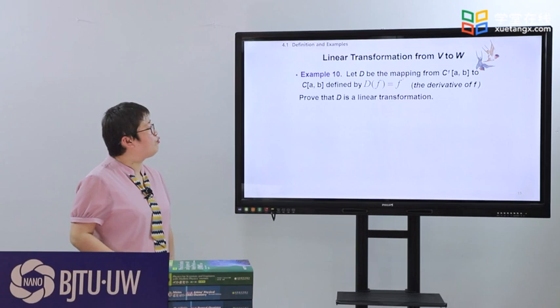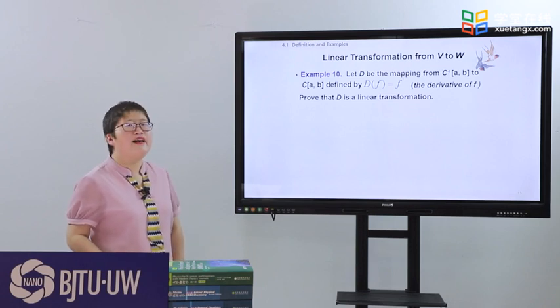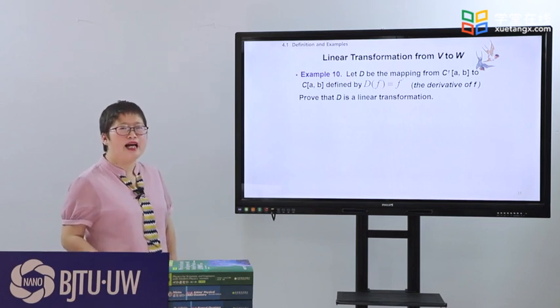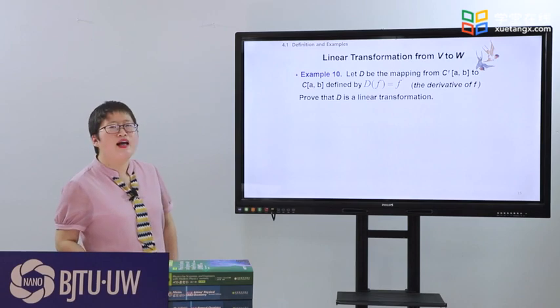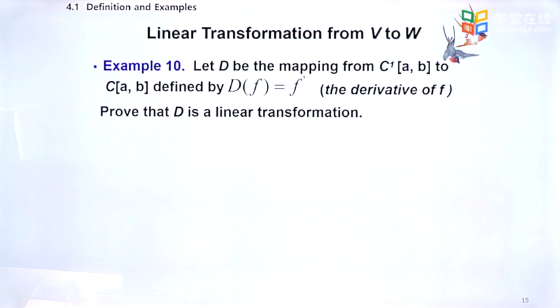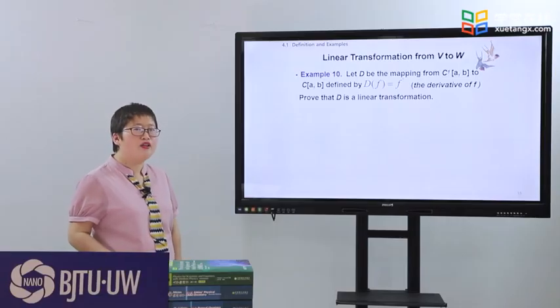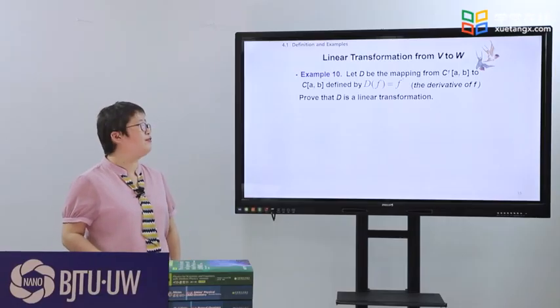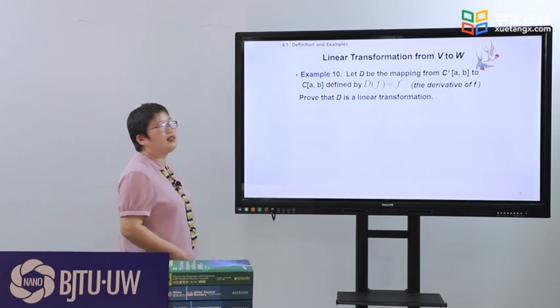It is easy to find that D of f plus g equals the derivative of f plus g, which equals f derivative plus g derivative, so equals D(f) plus D(g). And also, it is easy to show that D of alpha f equals alpha times f derivative, which equals alpha times D(f). So D is a linear transformation.